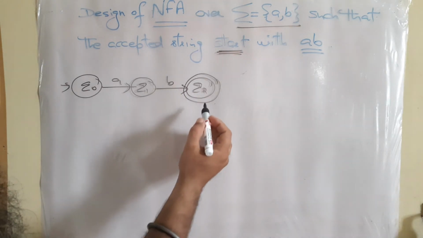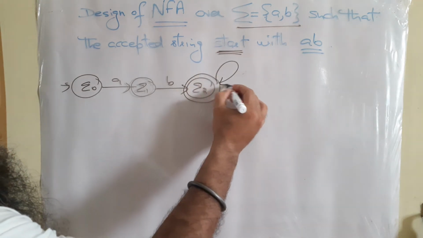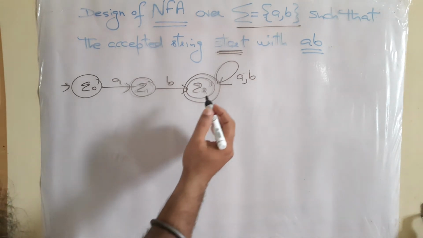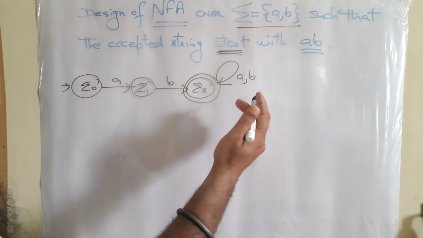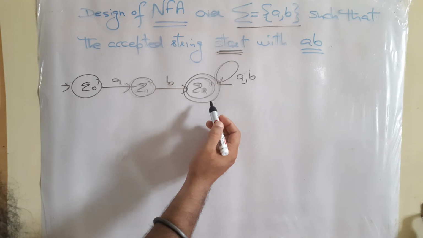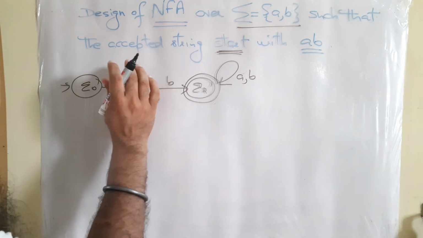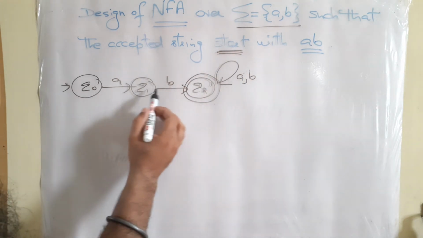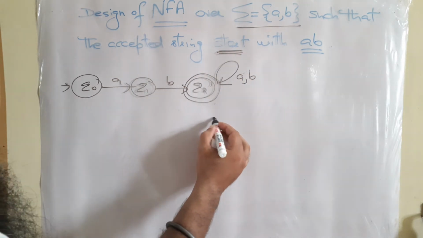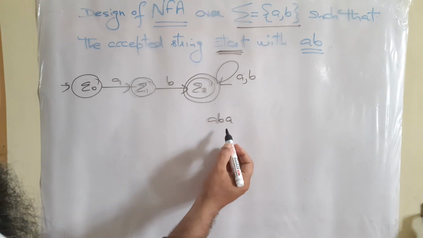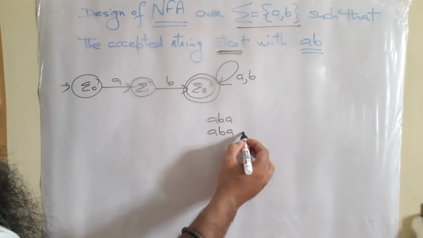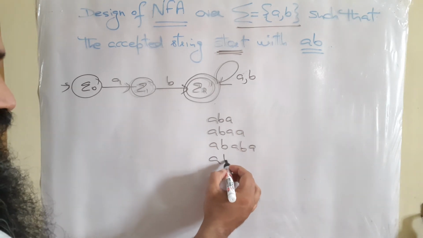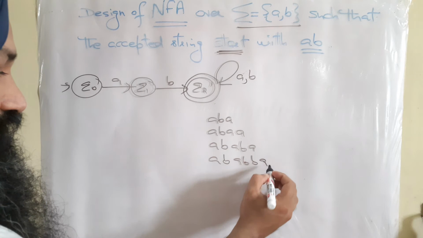After q2, there can be any number of a and b combinations. Any number of a can be repeated, any number of b can be repeated, because we have satisfied the condition that the accepted string starts with ab. So you can have these kinds of strings, these patterns.